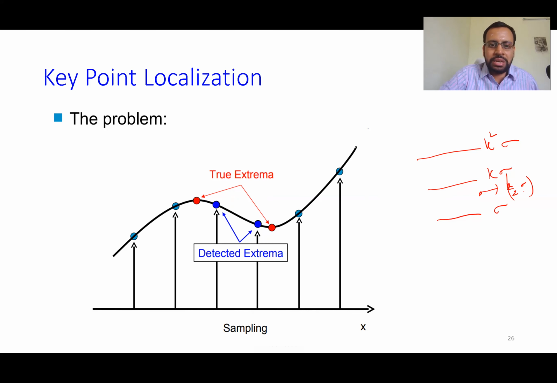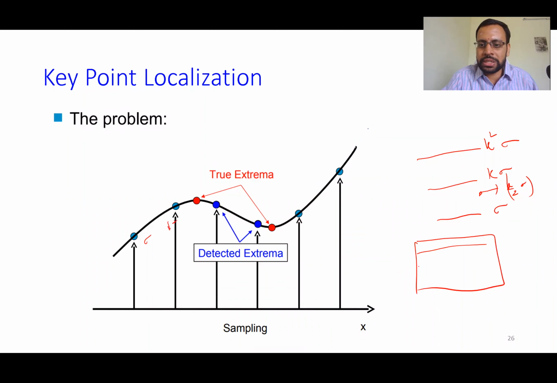So essentially, when I assume that I'm doing it at sigma, k sigma, although I'm using sigma here, this is equally true for xy also. In other words, I talked in terms of sigma, but let me now talk about the same thing in terms of the spatial one.